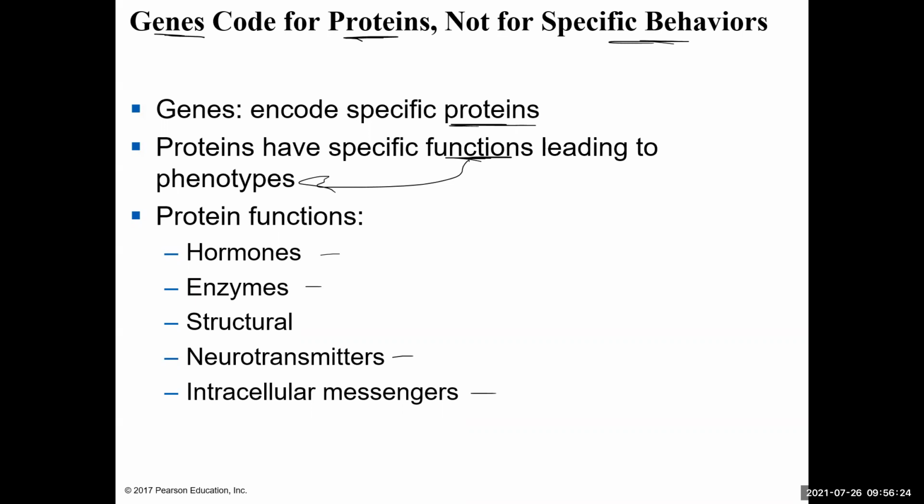The expression of a particular hormone or enzyme causes the coloration of our skin, our hair color, or our height, because you have either a lot of expression or low expression of that protein. That determines the phenotypes that we look at. So one big thing to know is that genes are coding for those proteins, not for specific behaviors. The proteins are what determine that outcome.